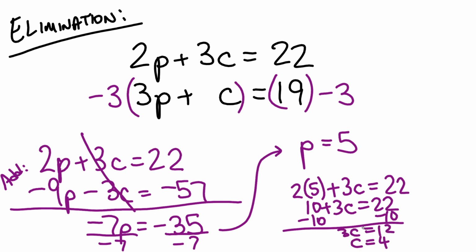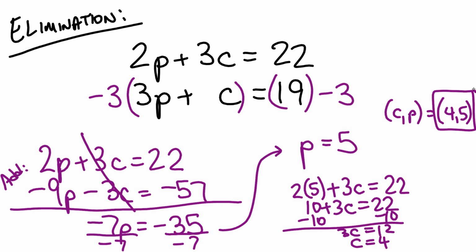A box of candy is $4. So depending on which ordered pair, which way you go, I'm going to say that CP is 4, 5. I'm going to say that a box of candy is $4 and a popcorn is $5.